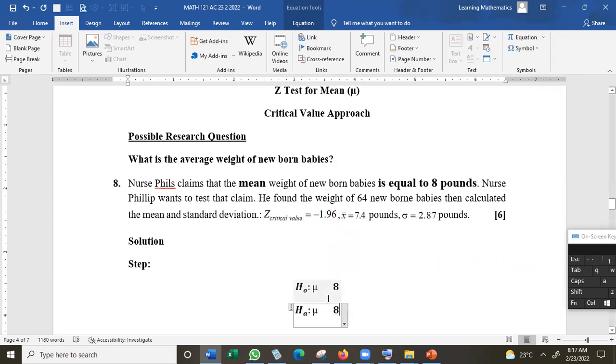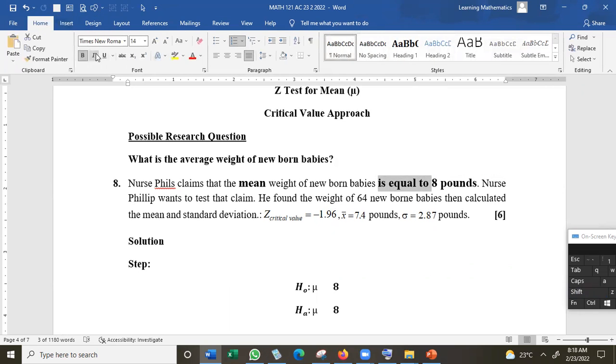For us to know what symbol to put there, we have to look at the words there, is equal to. What is the symbol for is equal to? We already have the symbol for mean and the number 8. What we're missing is the symbol for is equal to, and that will be our pair of hypotheses, converting this worded hypothesis to symbolic form.